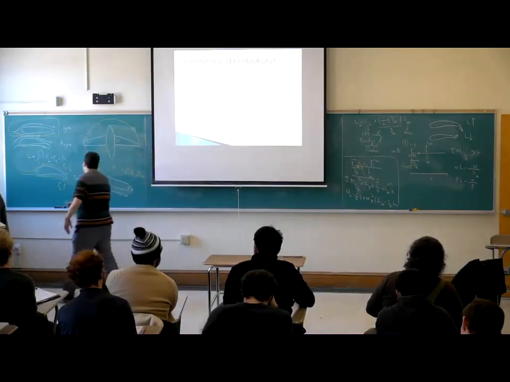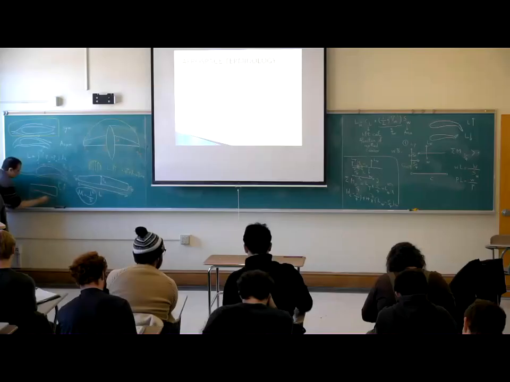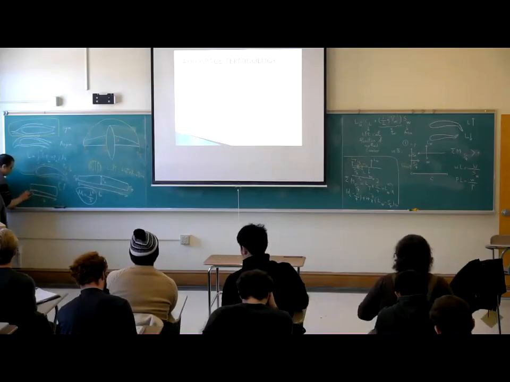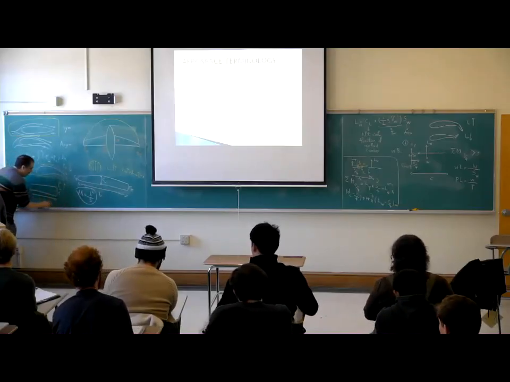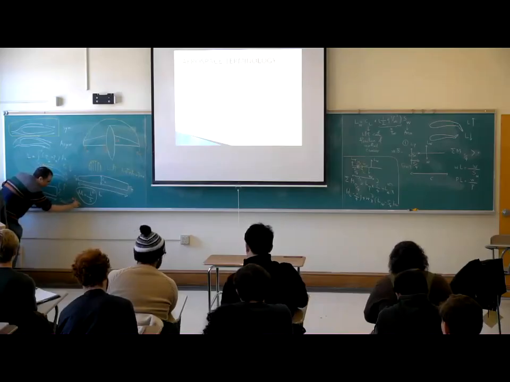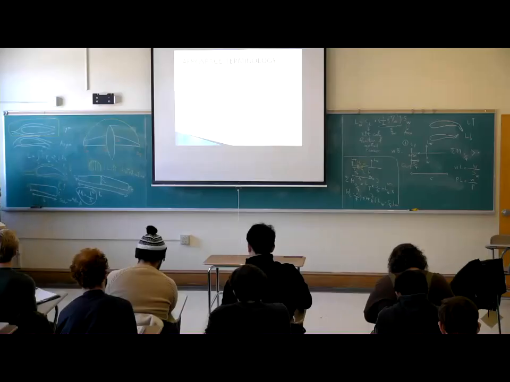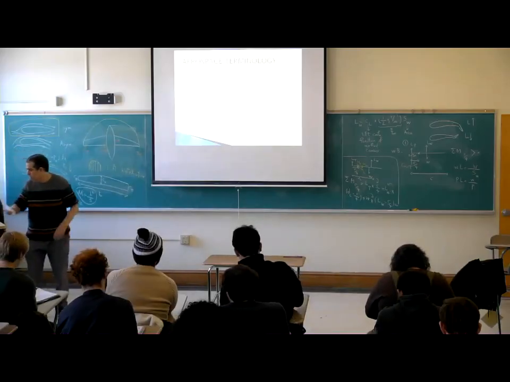If the wing is a rectangle, I plot here. S is equal to B times C, so aspect ratio is equal to B over C for the rectangular wing.